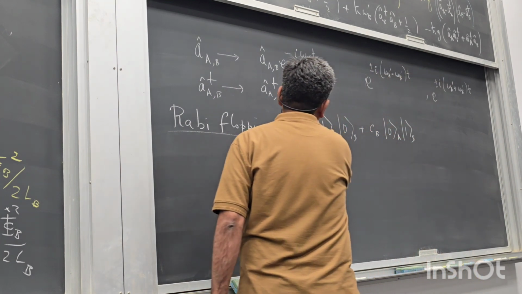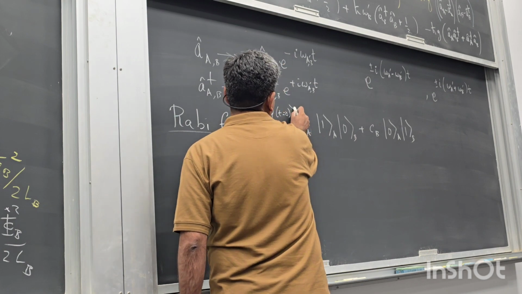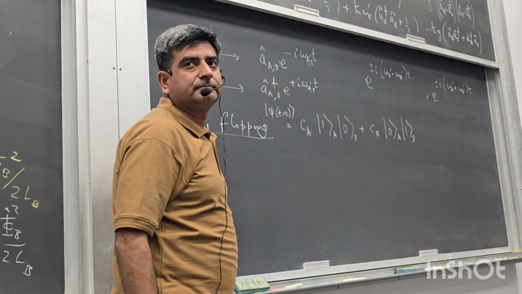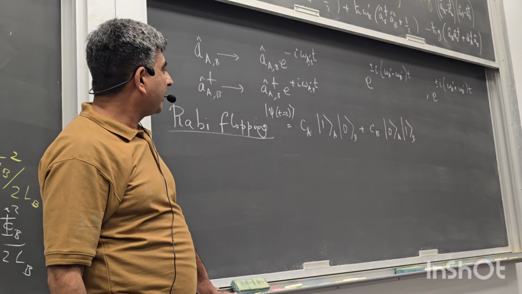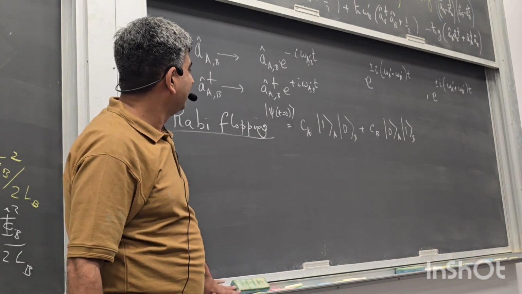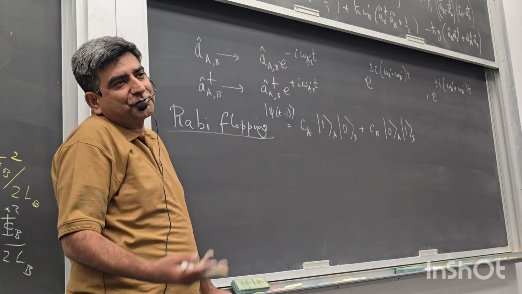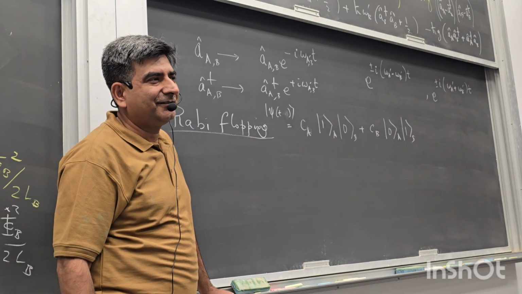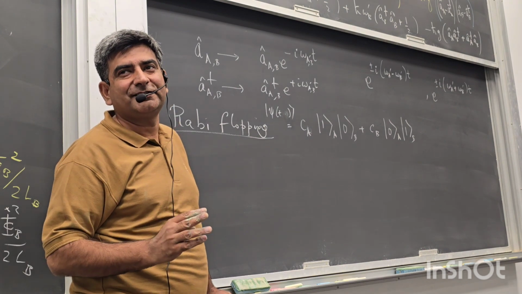Right? So this, suppose, is my quantum state at time t equals 0. Suppose now this is the quantum state at any time. It has to be this state. There are only two possibilities. The photon is in either of the oscillators.